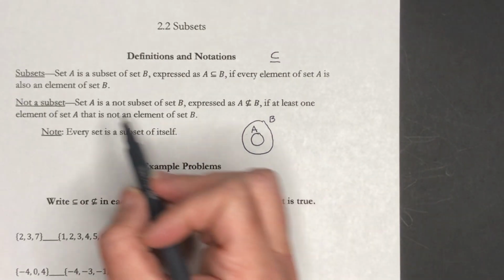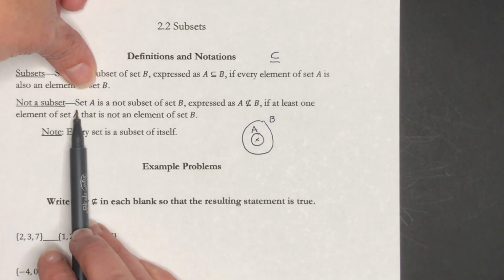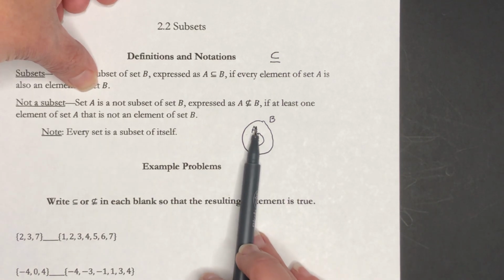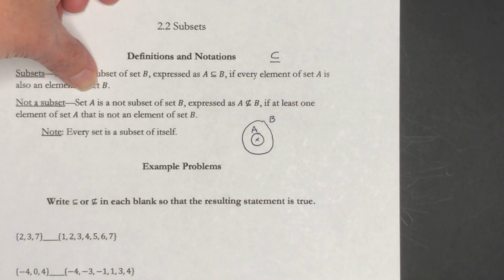Okay? That means everything inside A is also inside B. Now, if it's not a subset, if A is not fully enclosed inside B, then it's not a subset and we just draw the line through it.